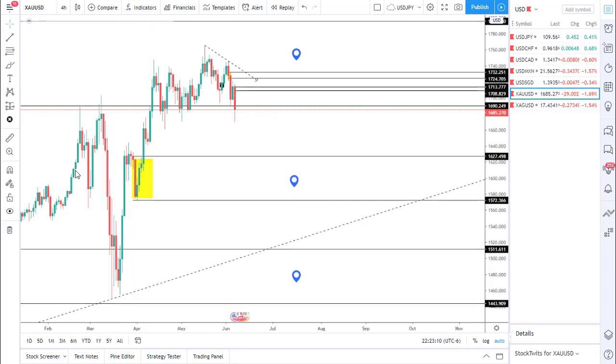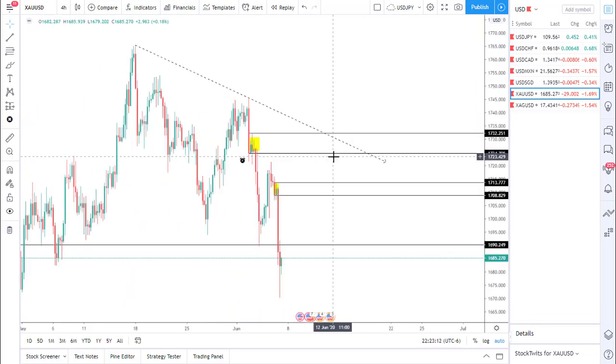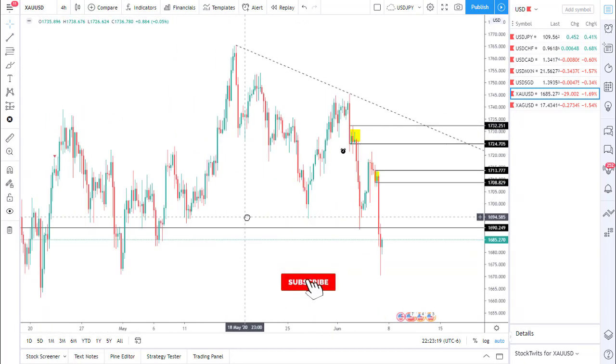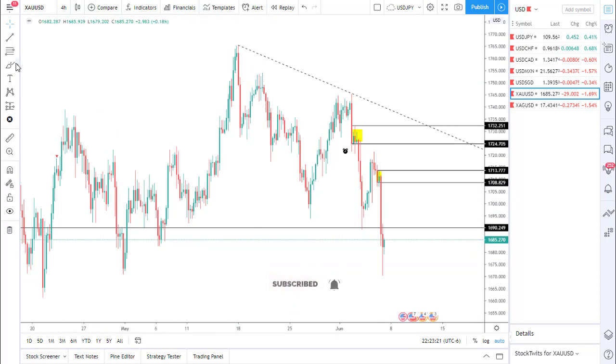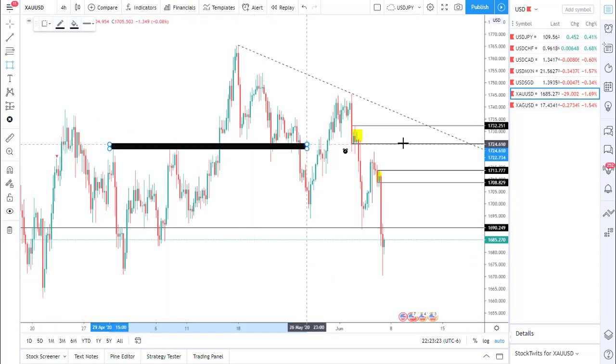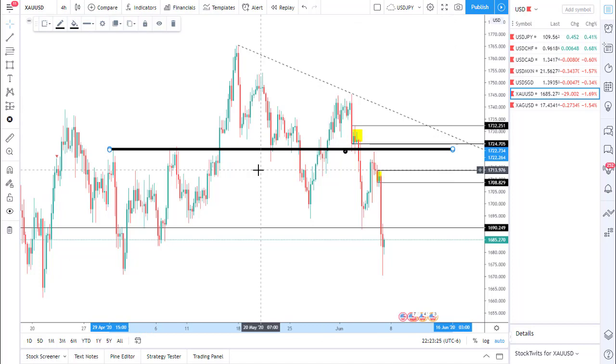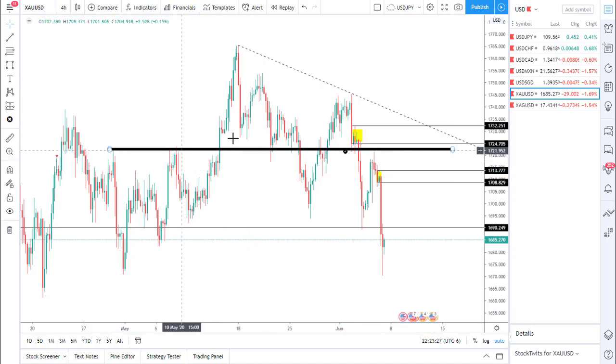Now when I moved to the 4-hour time frame, I had an alert, and I was already looking to get short there. Why? Because there was a structure of support and resistance: resistance, support, resistance, support.